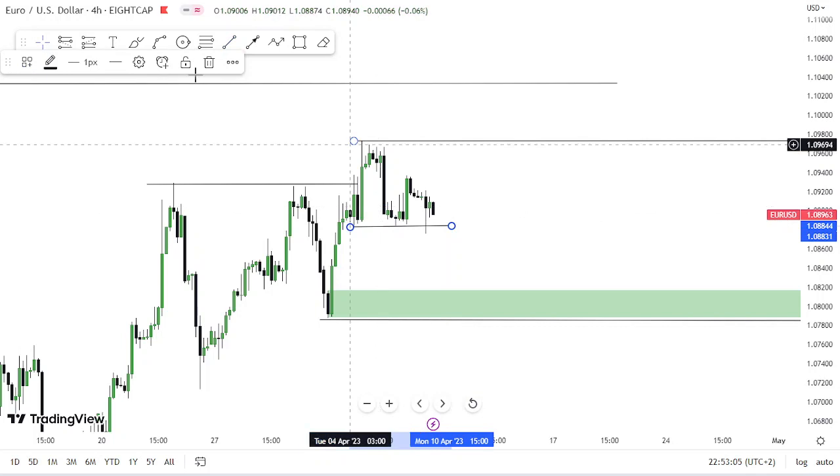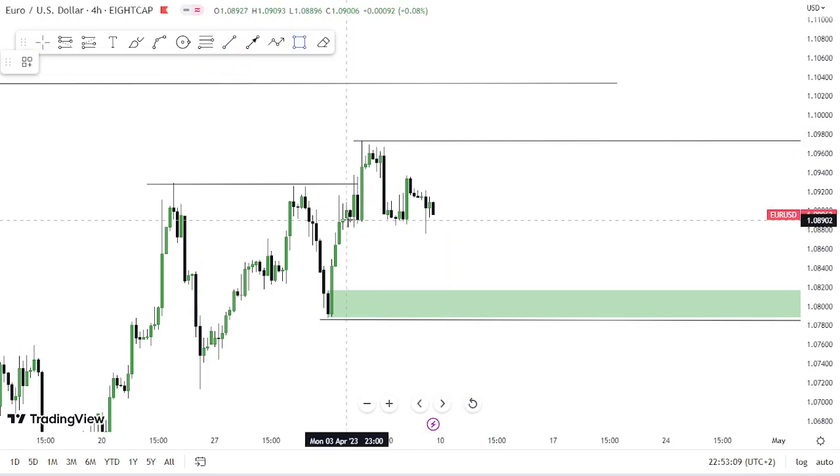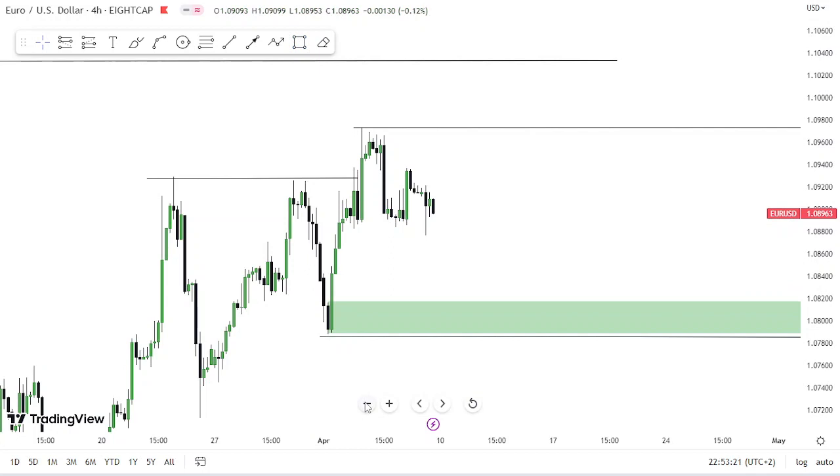Because if I was trading support and resistance like most retail traders, I would have a box here saying this is my support, and if price pulls back into it, I'm looking for buys, which I guess when you are a beginner trader, it makes sense.